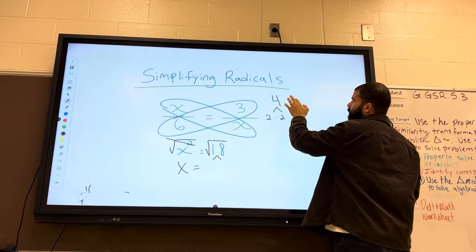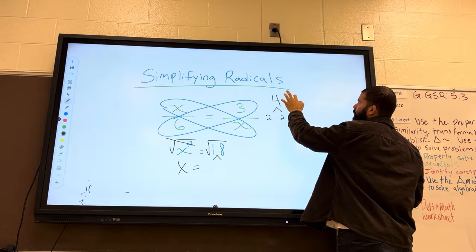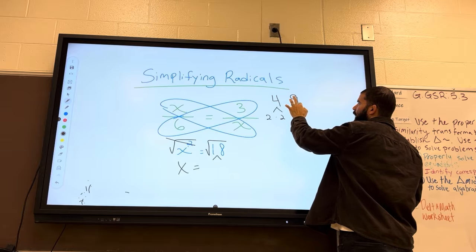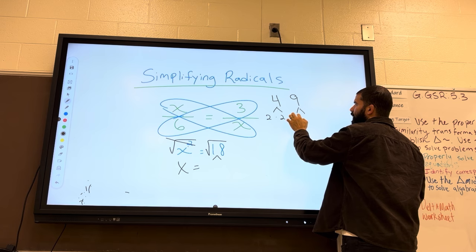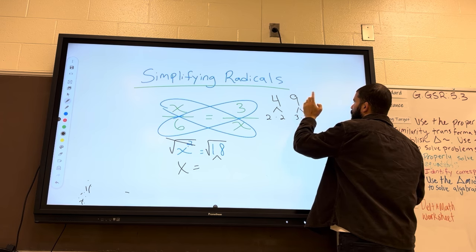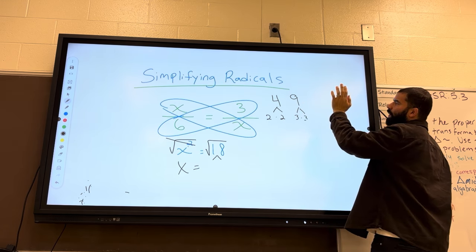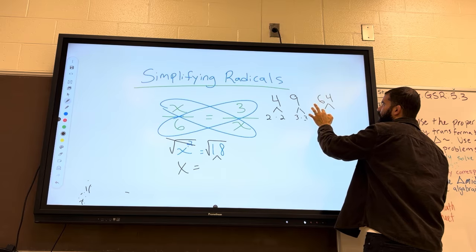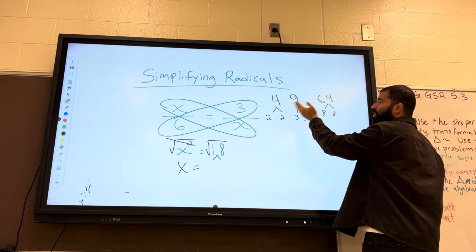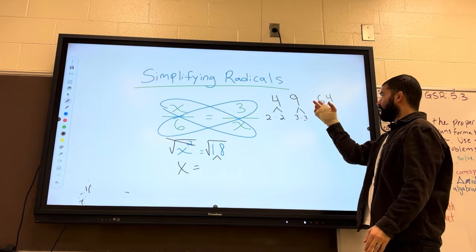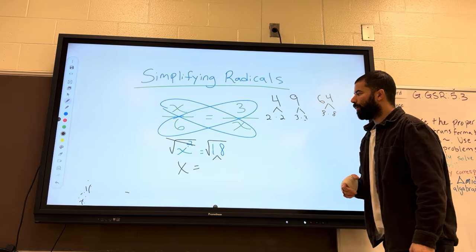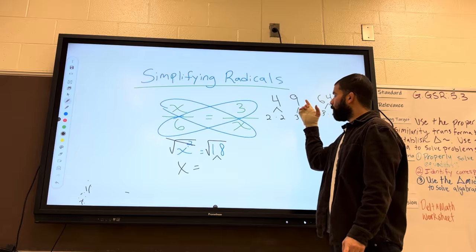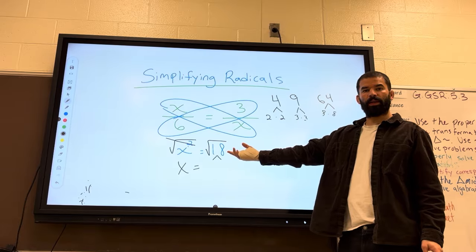That's 2 squared. 3 squared, that's 9. It's going to get us 3 times 3. What's another higher one? Let's do 8 squared, 64. That's 8 times 8, right? And there's a whole bunch of numbers in between that do it. So let's match it to what it looks like here.